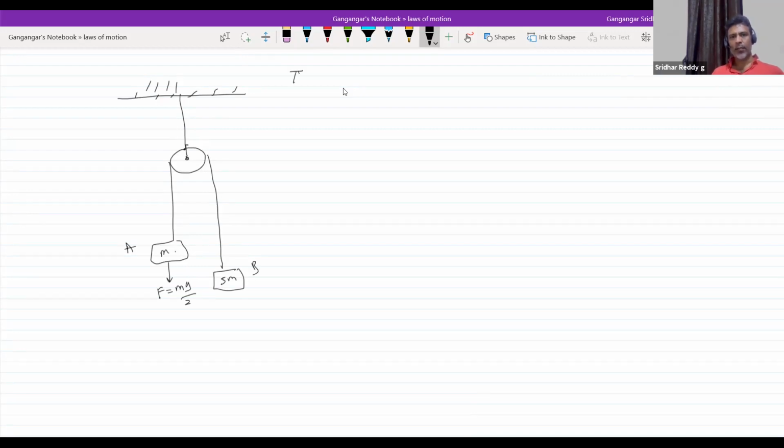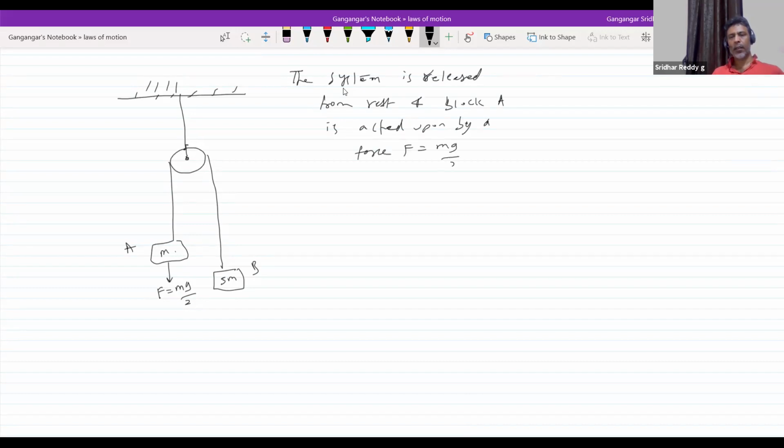The system is released from rest, and block A is acted upon by a force F equal to mg by 2.